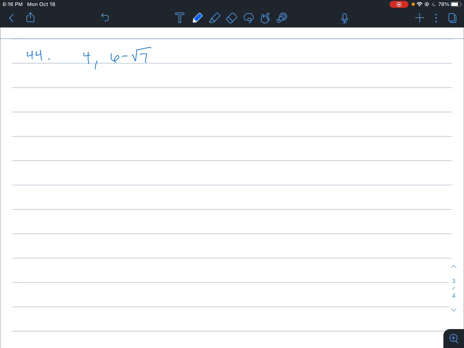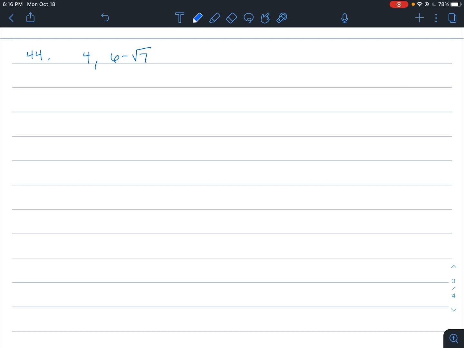Now we're given two zeros here, but one of our zeros is an irrational number. So 6 minus the square root of 7 is an irrational number because the square root of 7 is irrational.